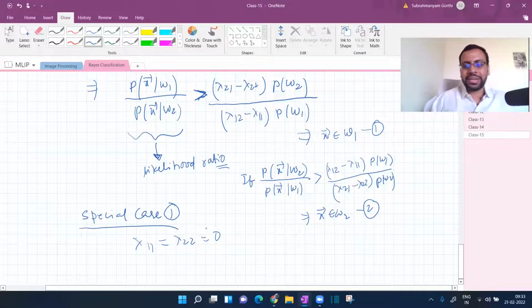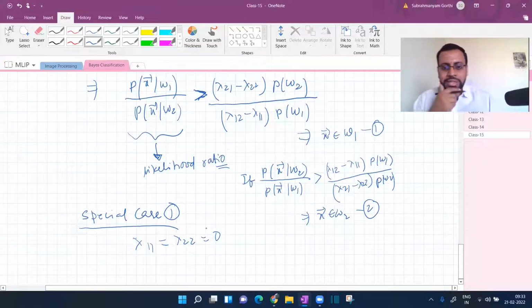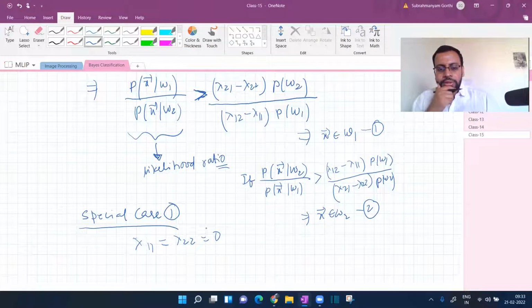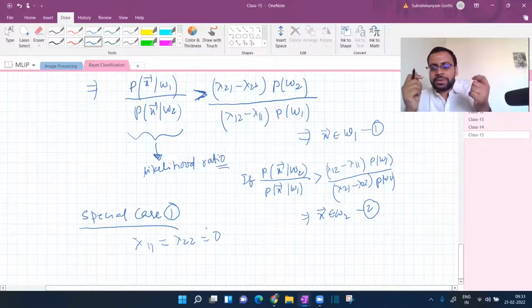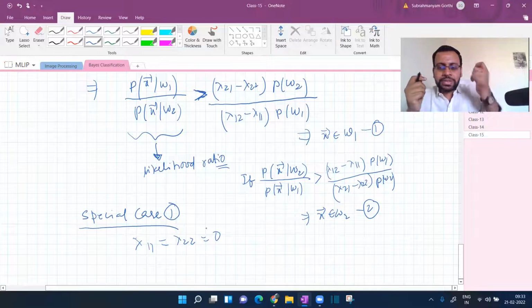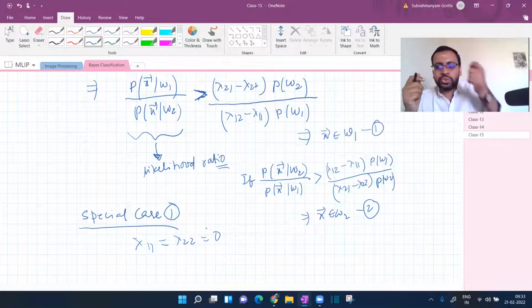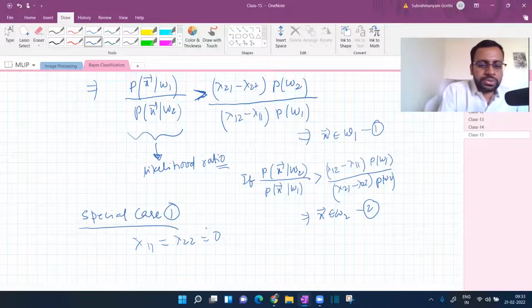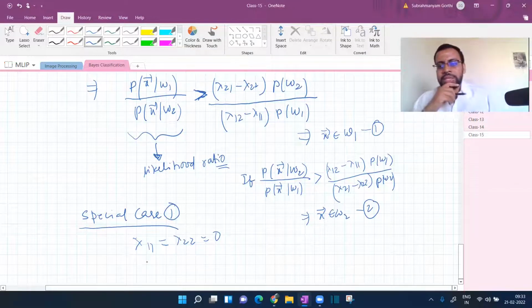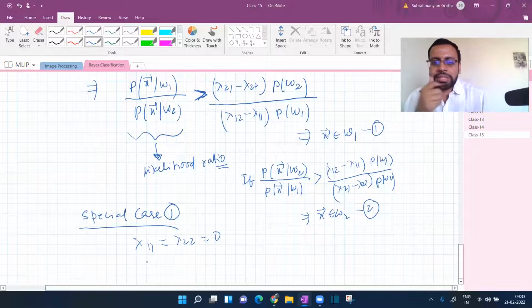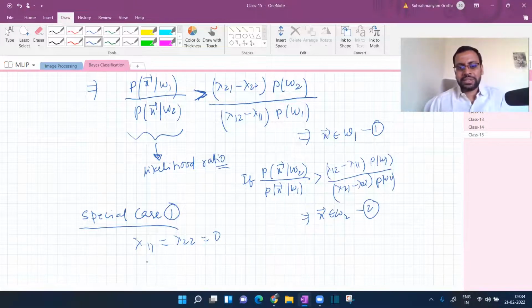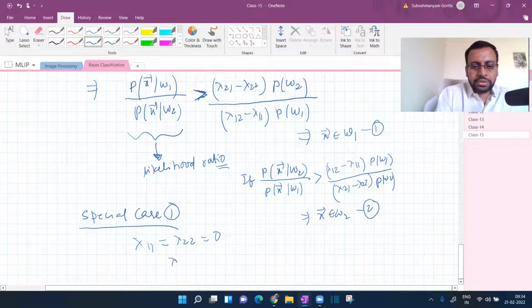Anyway, I already considered a 2-class problem, so that's not required. Then let's assume that the penalty for making a misclassification from 1 to 2 is the same as making a misclassification from 2 to 1. How can I express that in terms of these penalty weights? Lambda ij is equal to lambda ji.